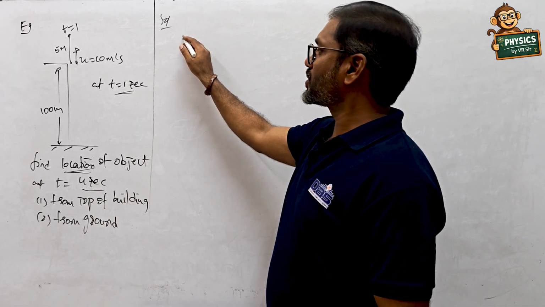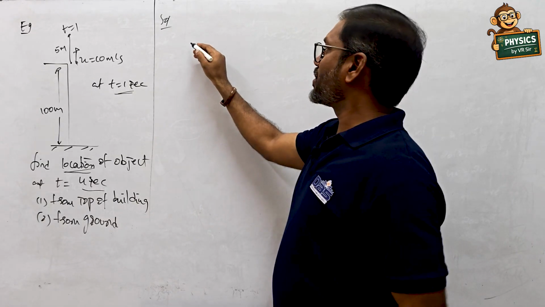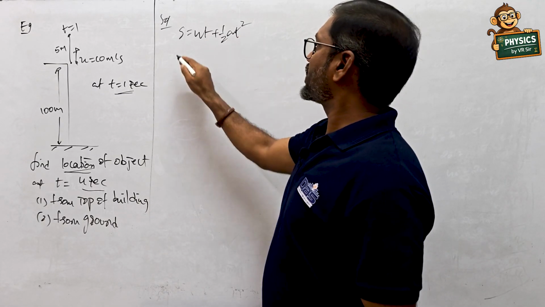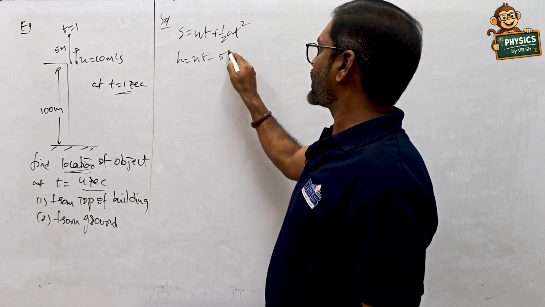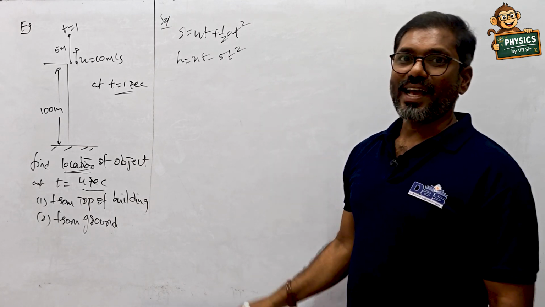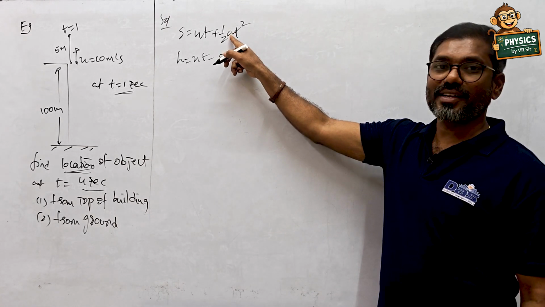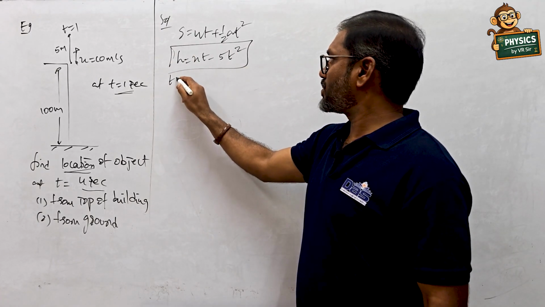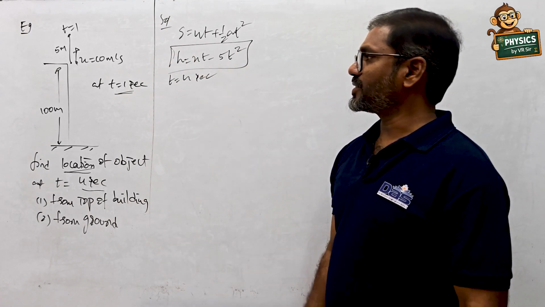Now what is the formula we can use? By this time you know the formula to be used: S is equivalent to ut plus half at square, and h is equivalent to ut minus 5t square, and of course acceleration is due to gravity, 10 by 2 is 5. This is the formula we should use, right? At what time are they asking us? 4 seconds.